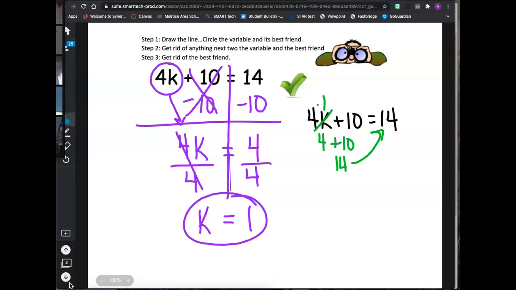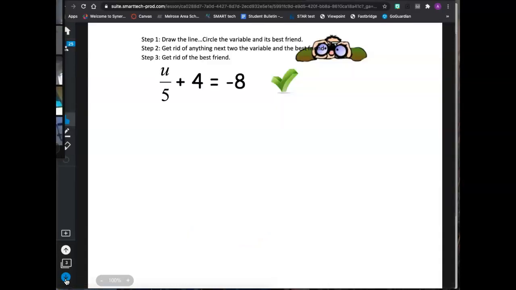Okay, let's try another example. Here's the next one. And these all look just a little bit different. Okay, so write this problem in your notebook exactly as you see it. U over 5 plus 4 equals negative 8.